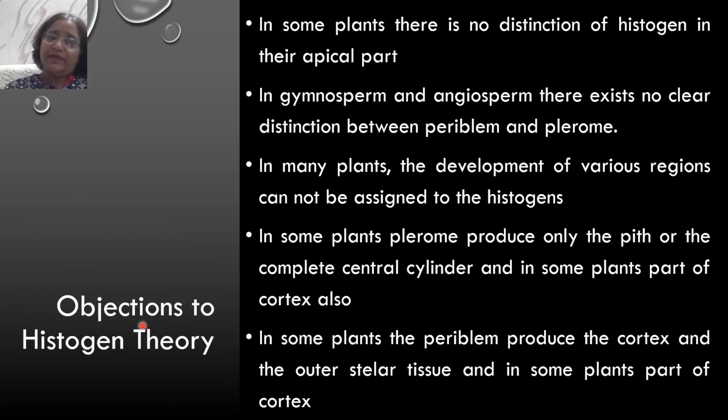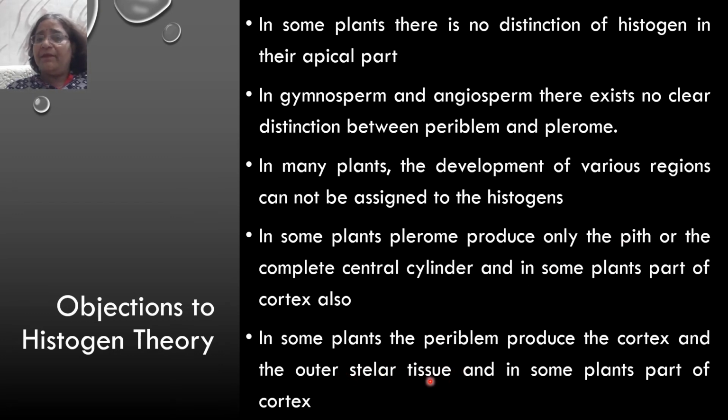According to histogen theory, the plerome should not give the cortex, but in some plants we have observed that plerome produces the cortex also, and in some plants it produces only the pith, while it should produce the vascular tissue as well. So this is the objection, this is the drawback of this theory.